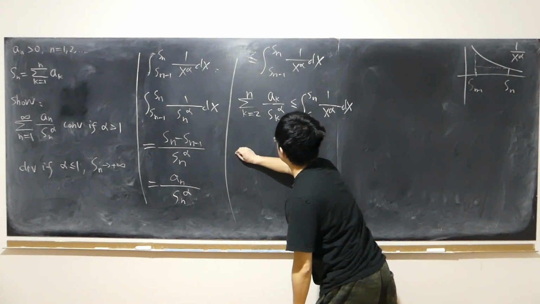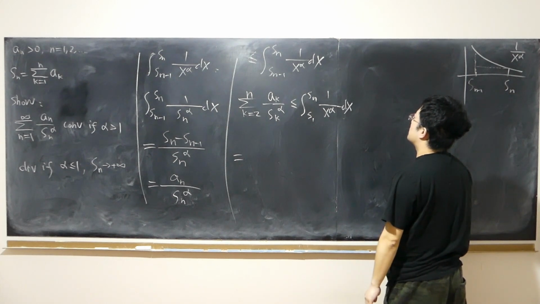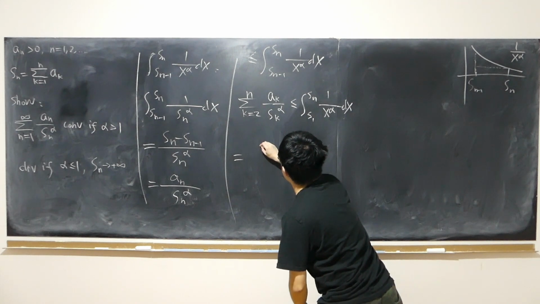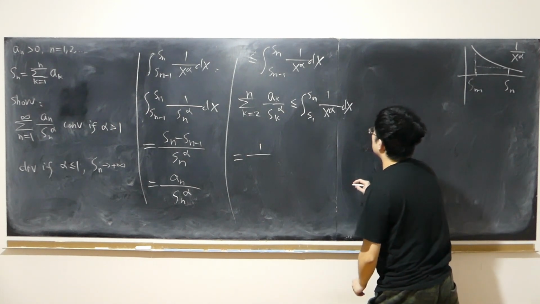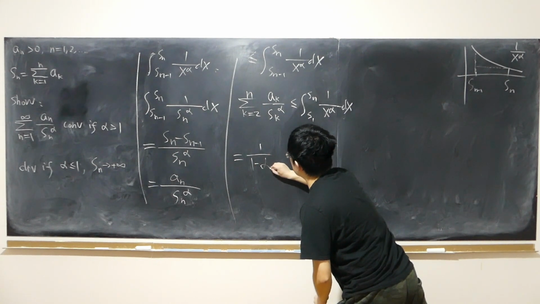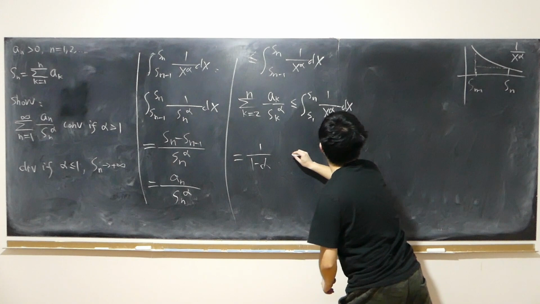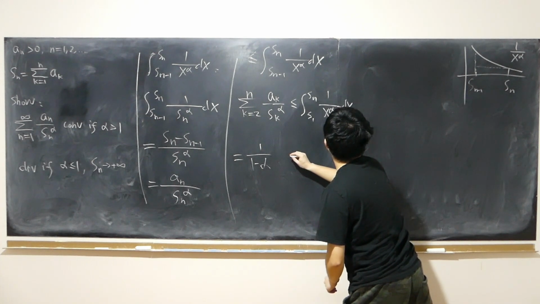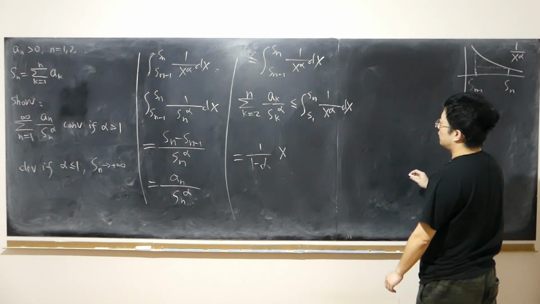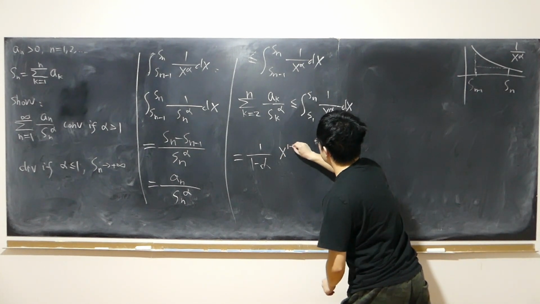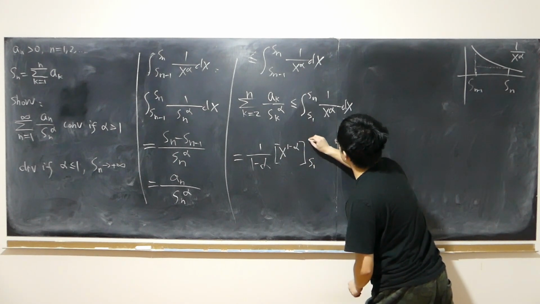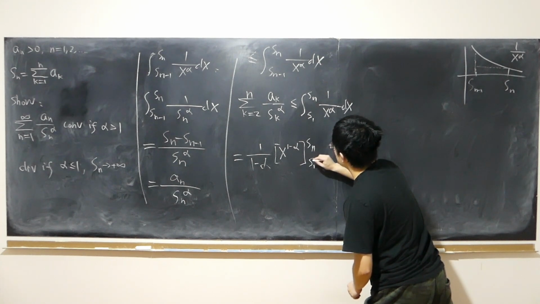So that must be x to the power of 1 minus alpha, times 1 over 1 minus alpha, evaluated from S1 to Sn.